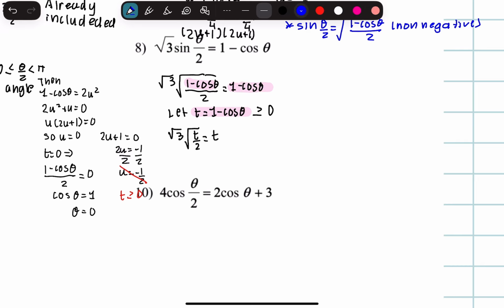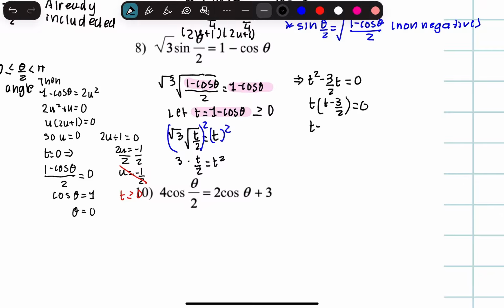So then we can square both sides. Upon squaring both sides, we have 3 times t over 2 is equal to t squared, and now over here, t squared, we're going to subtract 3 over 2 t and set it equal to 0, and now we factor out the t: t times t minus 3 over 2 is equal to 0.